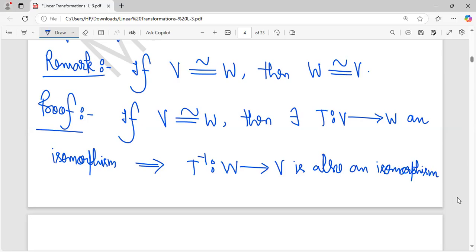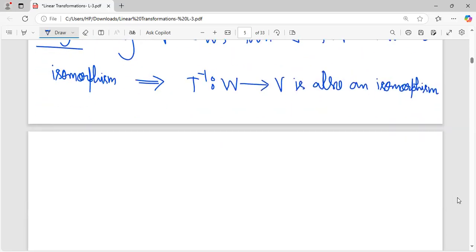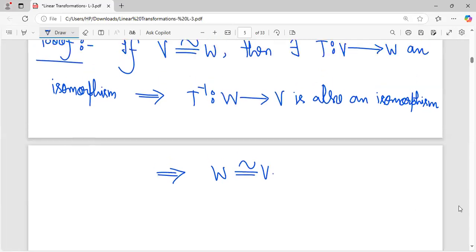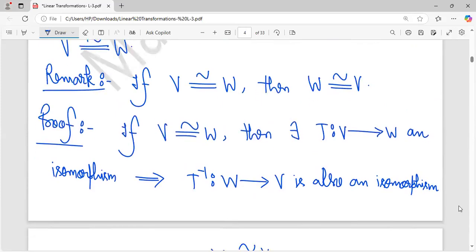Okay, so it means what? V is isomorphic to W implies W is isomorphic to V. Okay. This is remark 1.